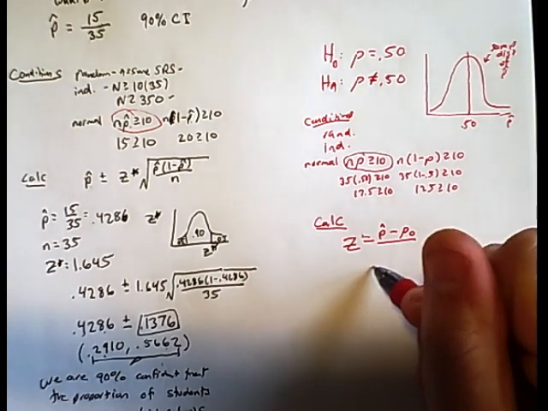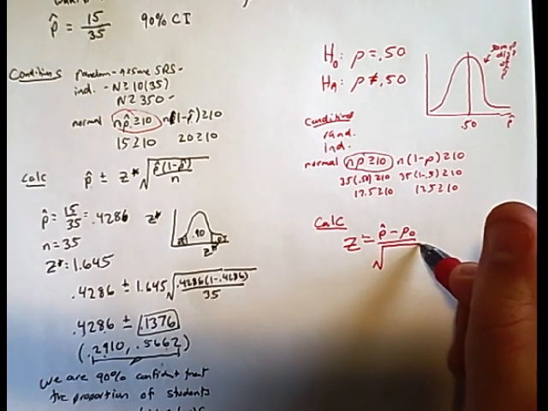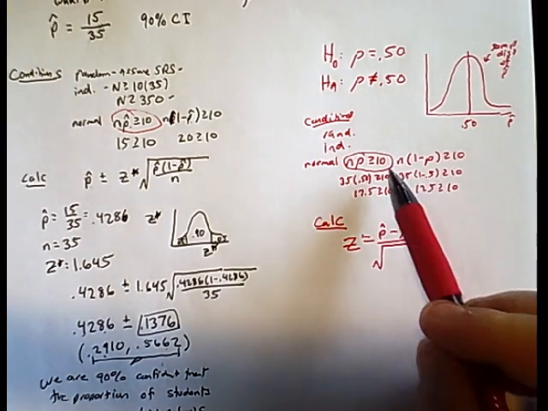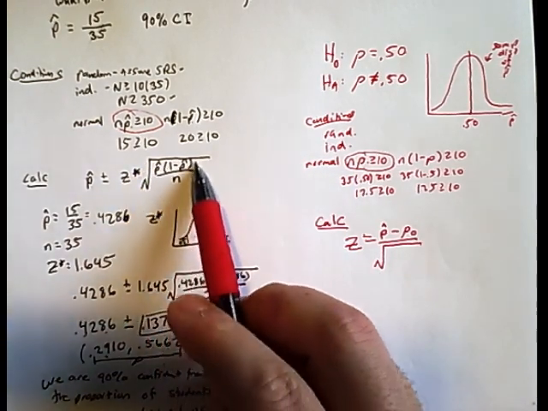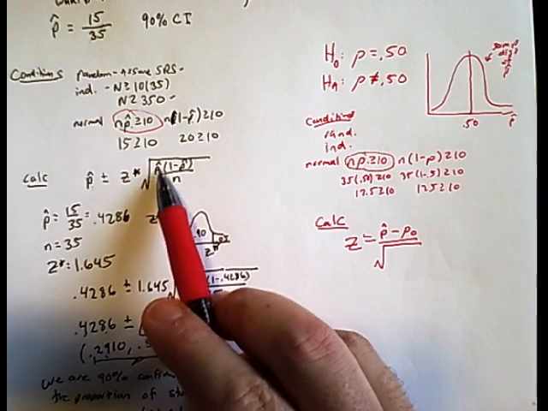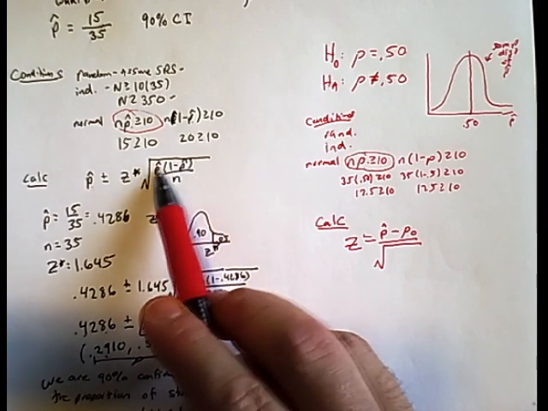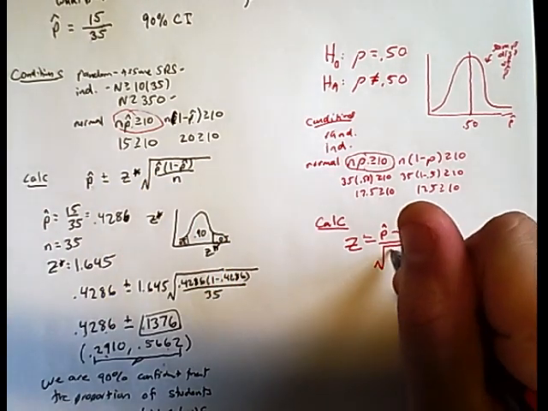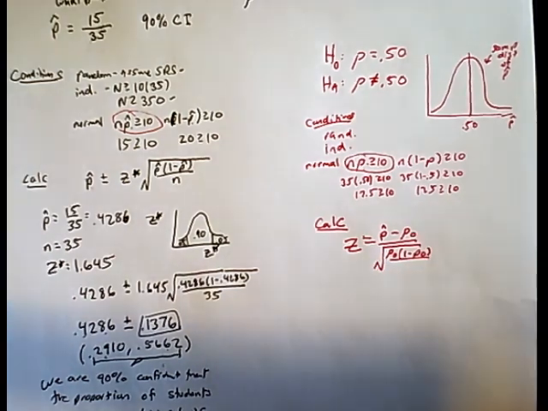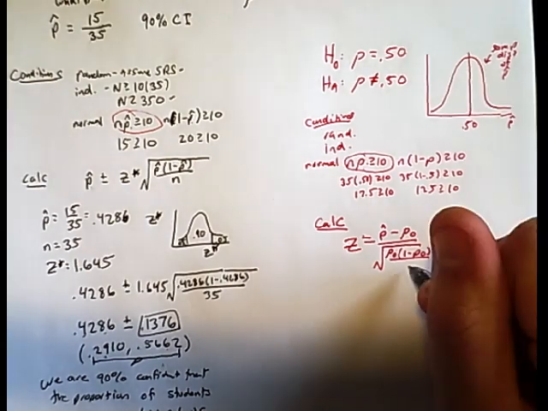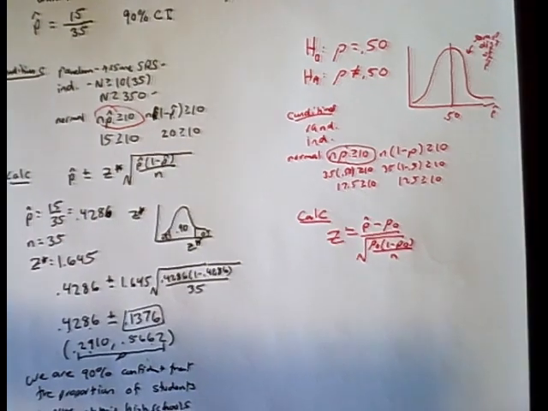However, the standard error is a little bit different for the same reason we use rho here. Think about this. Over here, we didn't know what rho was, so we had to use p-hats in its place. We use p-hats in confidence intervals. But on hypothesis tests, we have to use the assumed value of the population proportion. So there's a slight difference there as well.